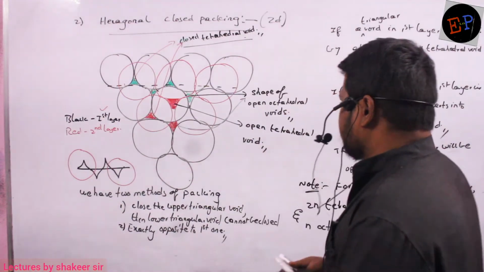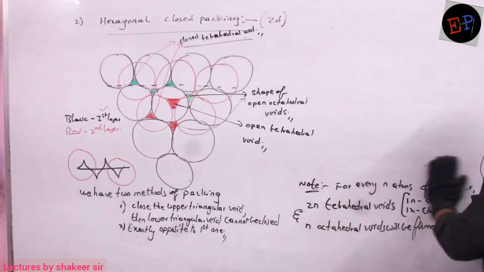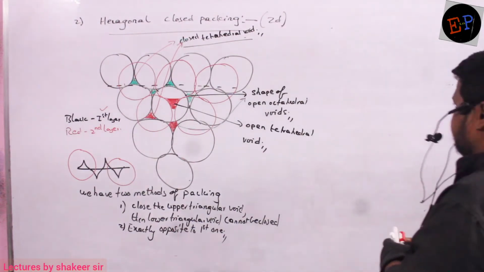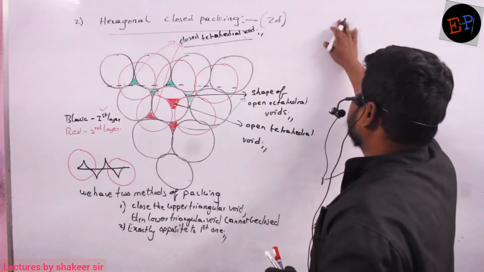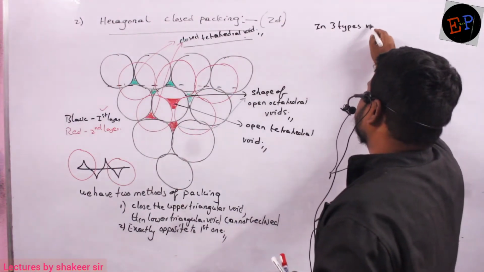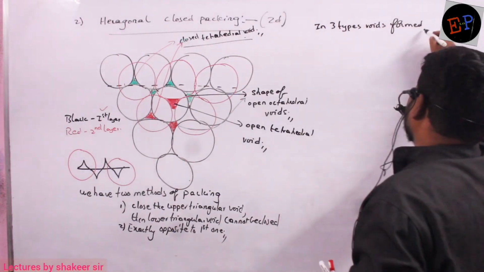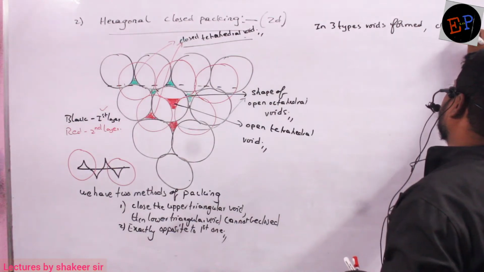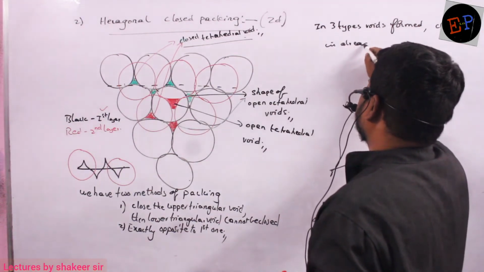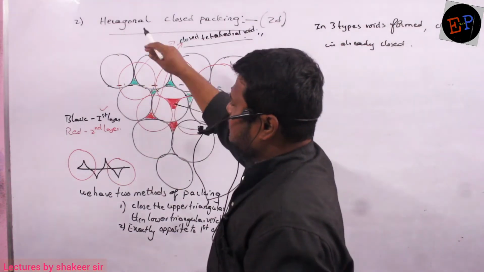Now see, so I am rubbing all of this. Of the 3 types of voids formed, the closed tetrahedral void is already closed. It means on this void we have already placed an atom.